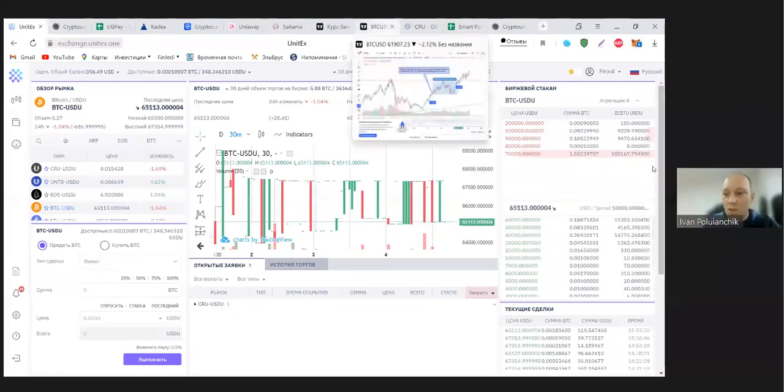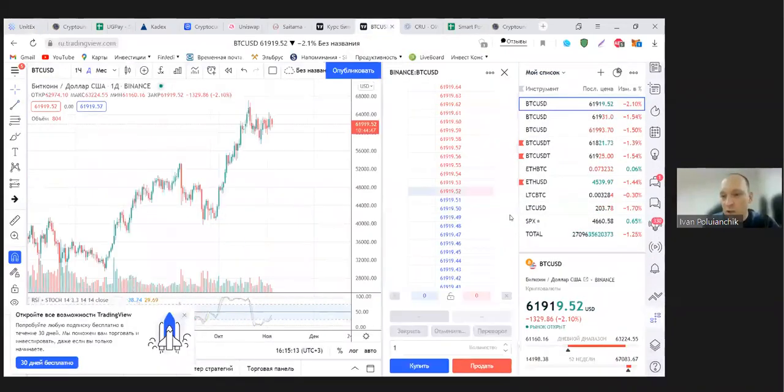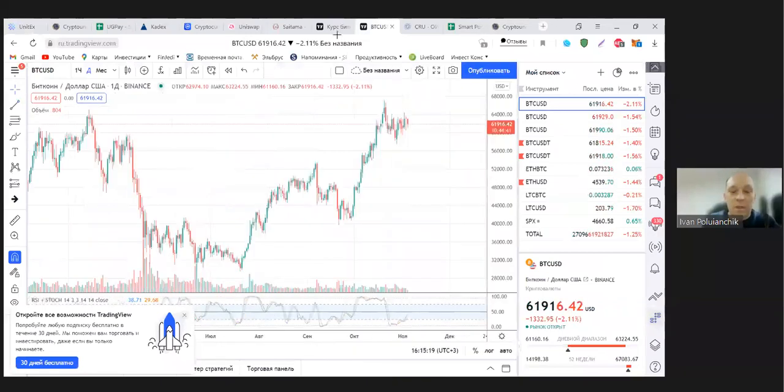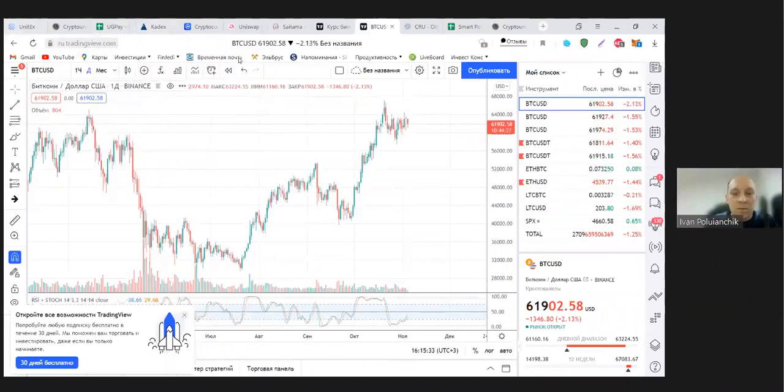If you go to the Binance order book, I don't know whether we can see the volumes here. Maybe not. You have to go to the exchange itself. On the Binance exchange, there will be way more Bitcoins in the order book. And there are also many clients who buy and sell at the same time. And the spread, let's take a look at the spread.